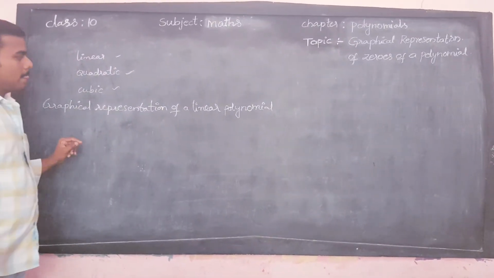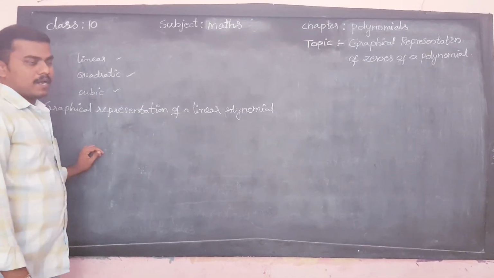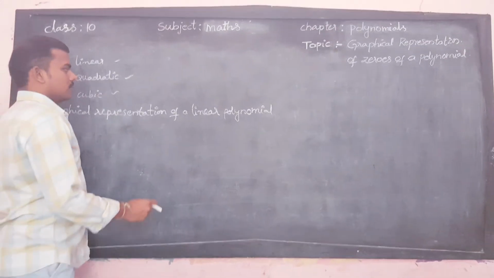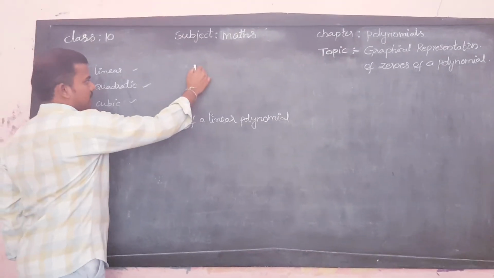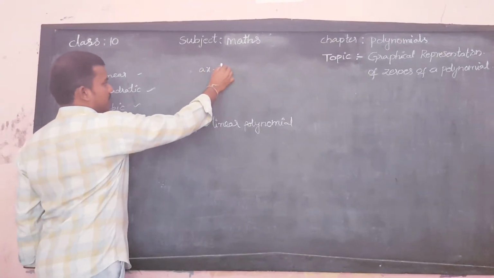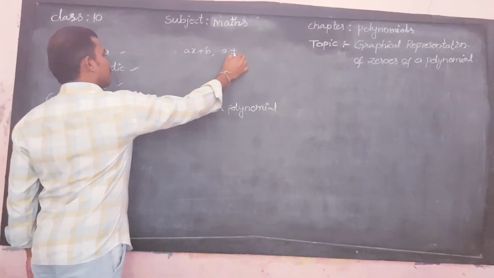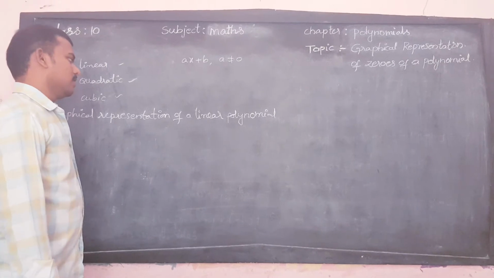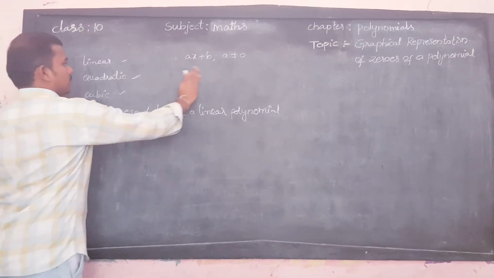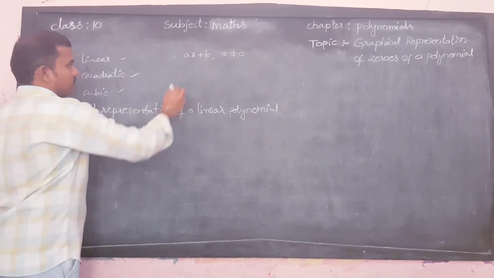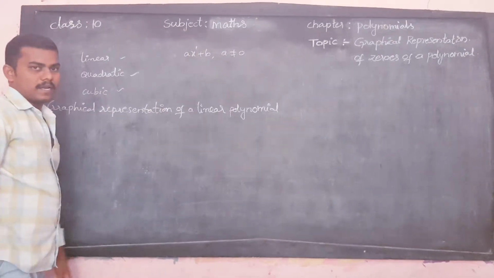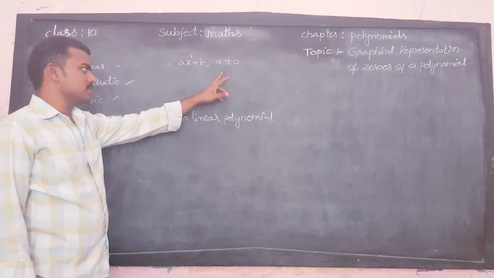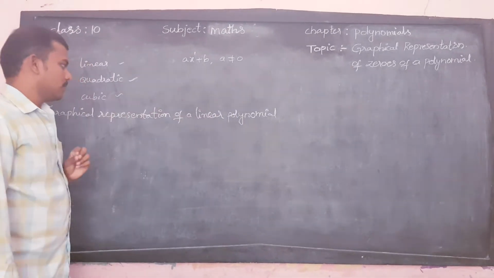The general form of a linear polynomial is ax plus b, where a is not equal to 0. This is the general form of a linear polynomial.